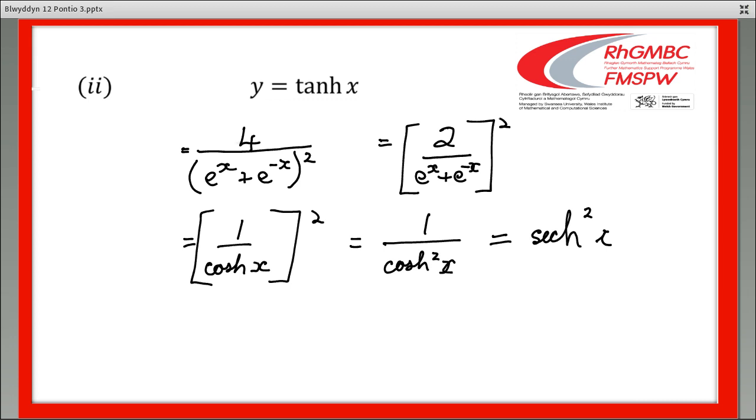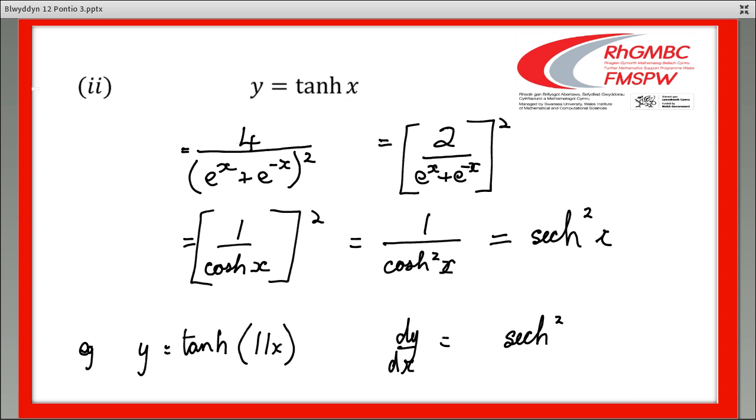Now, if we take as an example, if we've got y equals, let's really push the boat out here, tanh of 11x, using what we have just above, then we know that dy by dx is going to be sesh squared of 11x.